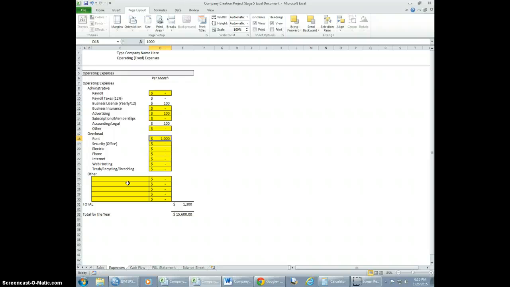The same goes for your land, equipment, or any buildings that you potentially will be purchasing. Those will be reflected later on in another stage. Again, for the purpose of this assignment, there is typically something called depreciation expense.